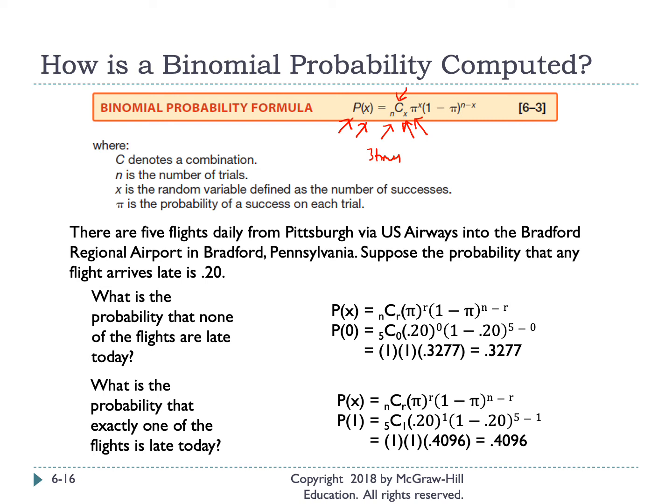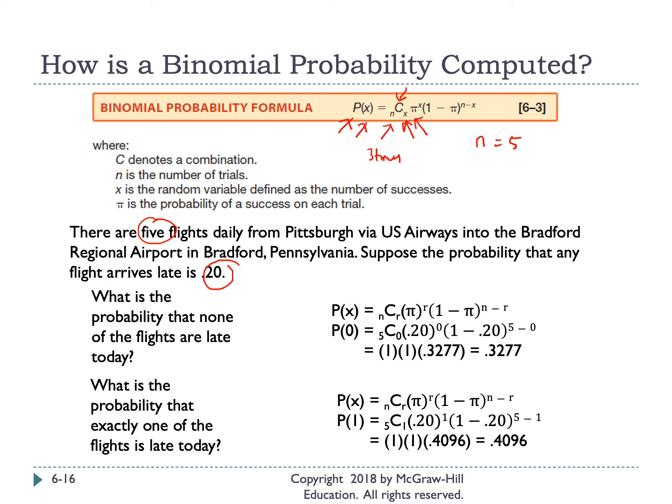Okay, so let's look at the example. There are actually 5 flights. So what is this 5? 5 is just the number of trials. Daily from Pittsburgh via US Airways into the Bradford Regional Airport. And then suppose the probability that any flight arrives late is 0.20.